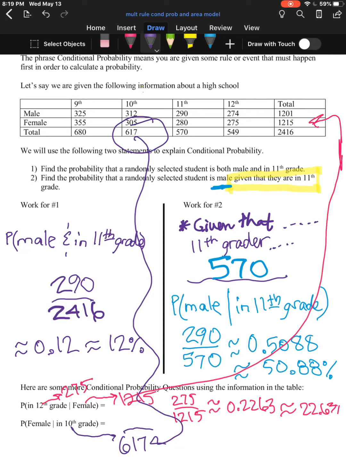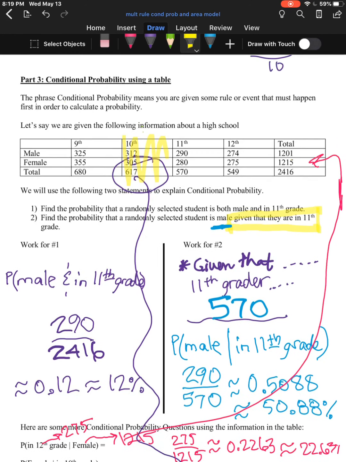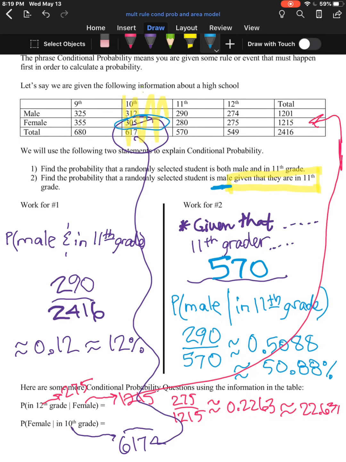So out of that 10th grade column, how many happen to be female? 305, right up here. So I'm going to put 305 in my numerator, take a calculator and divide it, and I get 0.4943, which is approximately 49.43%.